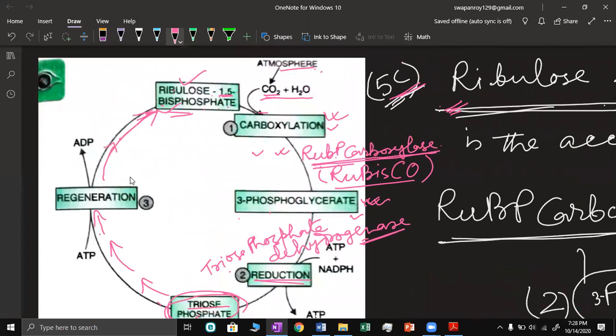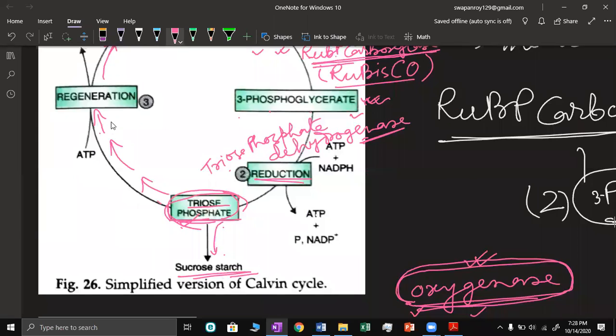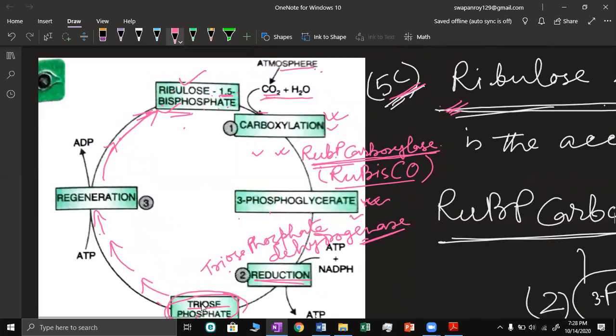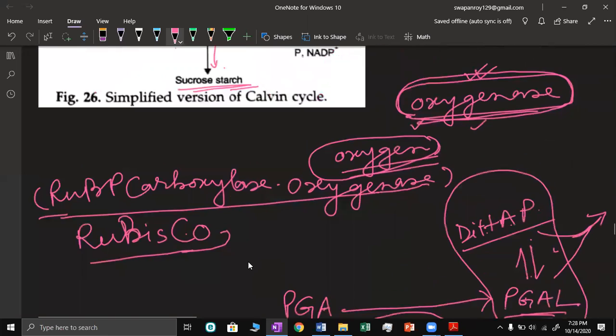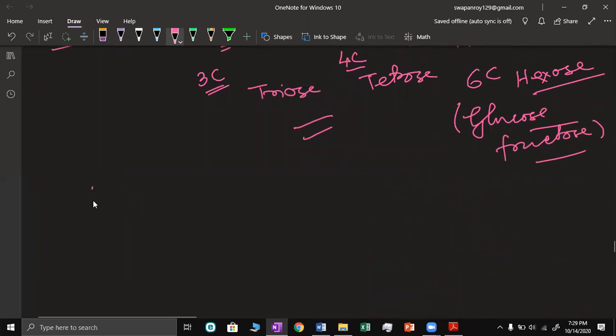RUBP is generated, right? And during this generation, one compound is produced. That compound is RUMP, ribulose monophosphate.